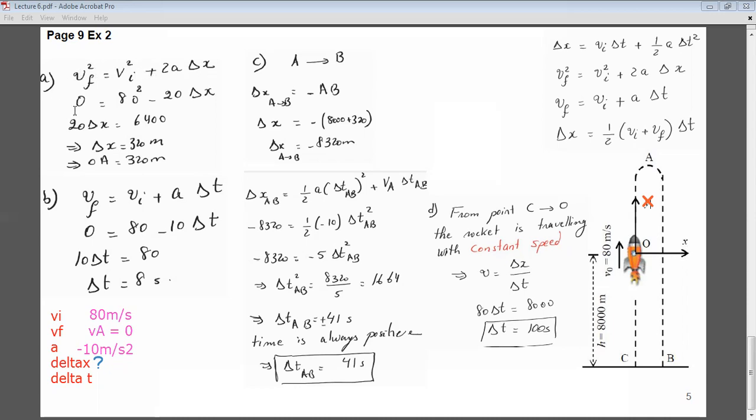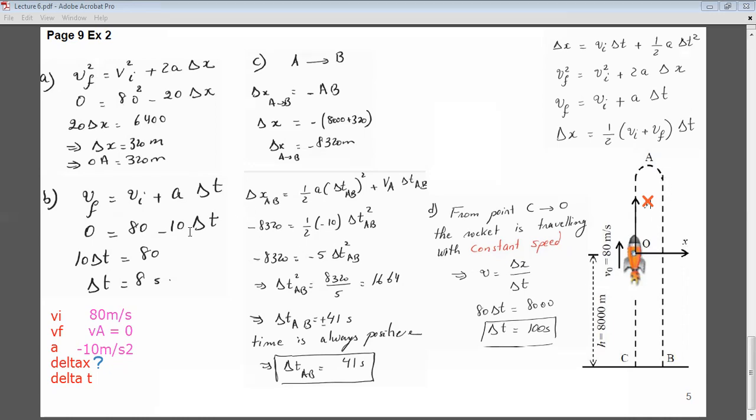V squared final is 0. V squared initial is 80 squared. a is minus 10, so 2 times minus 10 gives minus 20 delta x, and I do the math. Okay, 20 delta x equals the square of 80, and then I get OA, from O to A. Okay, you can also just call it delta x.